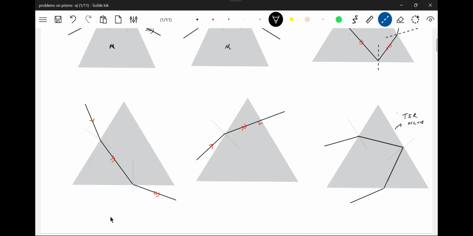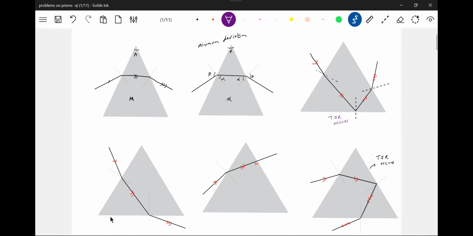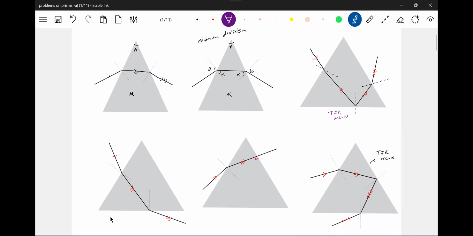Then again draw a normal. It all depends upon the given conditions. Now here TIR occurs, so previous problem. Anything can happen.